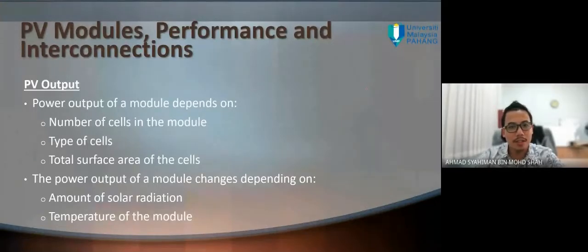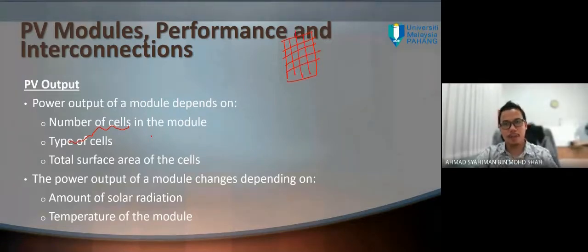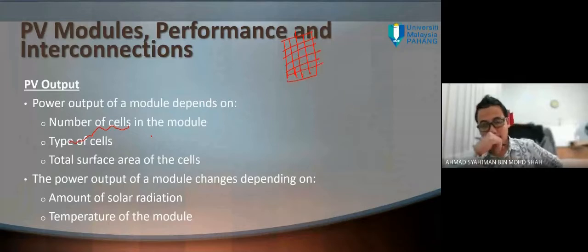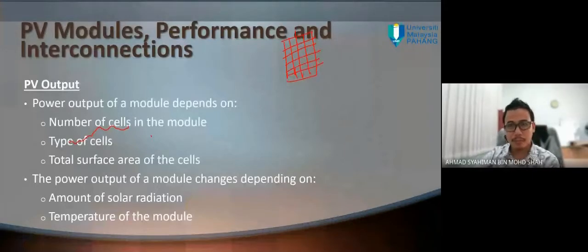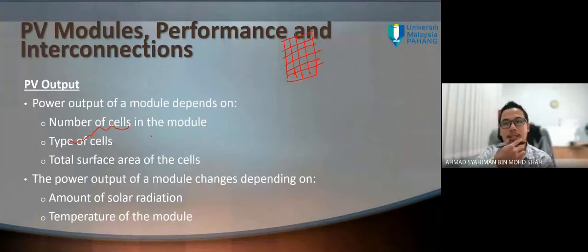Our output of a module depends on the number of cells. Tadi saya sebut, satu solar module tu biasanya adalah combination of several serially connected solar cells. It is called the solar module. So the bigger the size of the solar module, the more solar cells are attached to it, and then it is assembled.